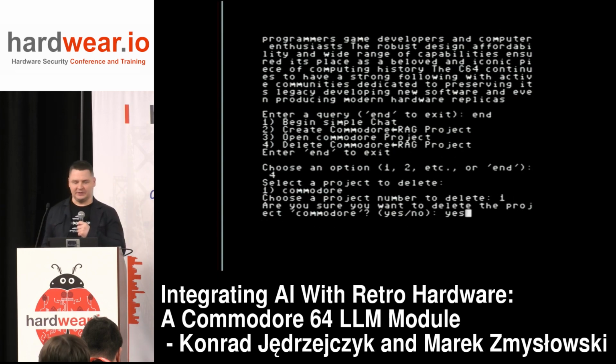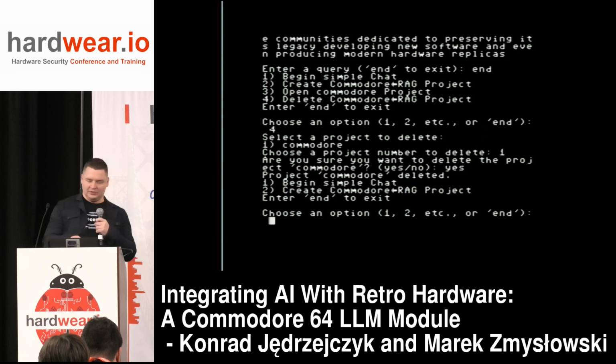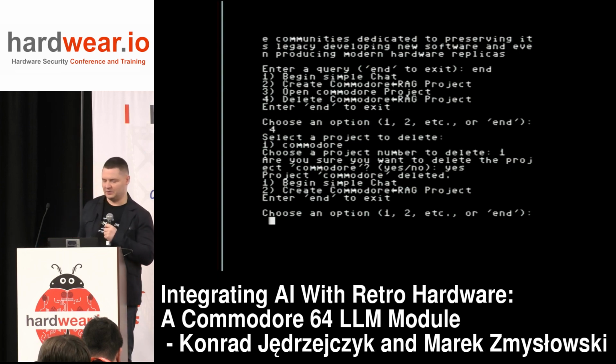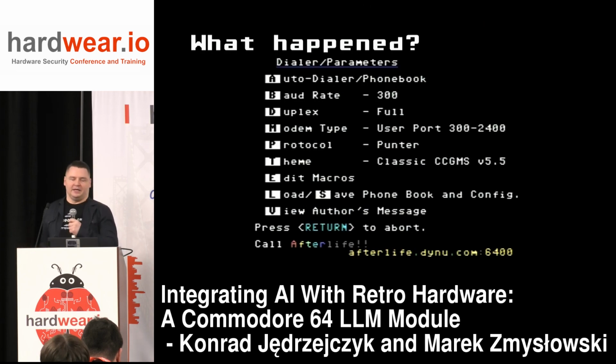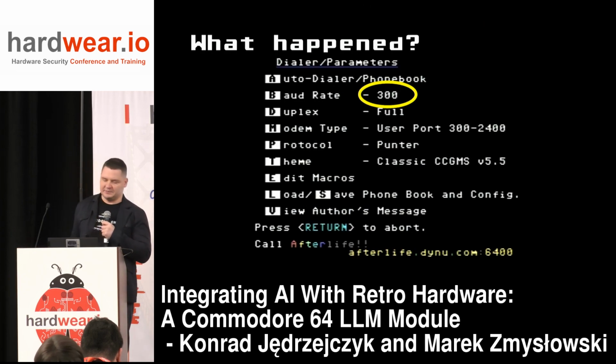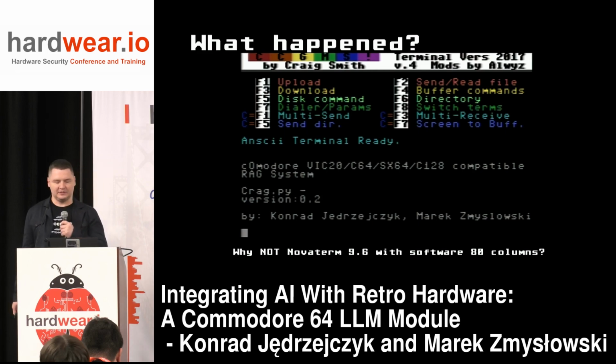The sources were shown, and here we can delete, we can create whatever we want with these projects. So what happened? The first thing, changing the speed, and one also very important thing. We could use Nova term.